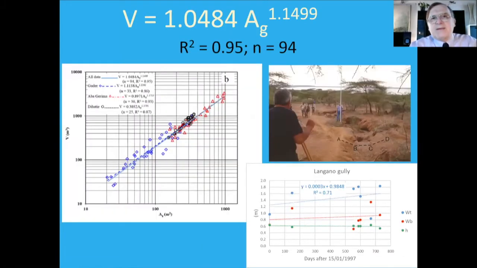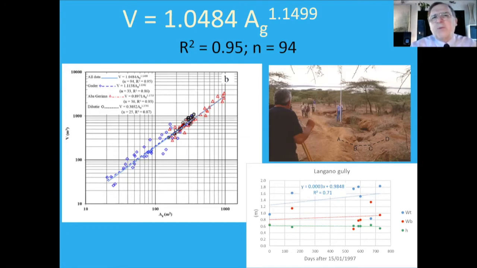The data was also used to correlate the gully area to the volume. And we got a very nice result with a correlation coefficient of 0.95 using 94 gullies.